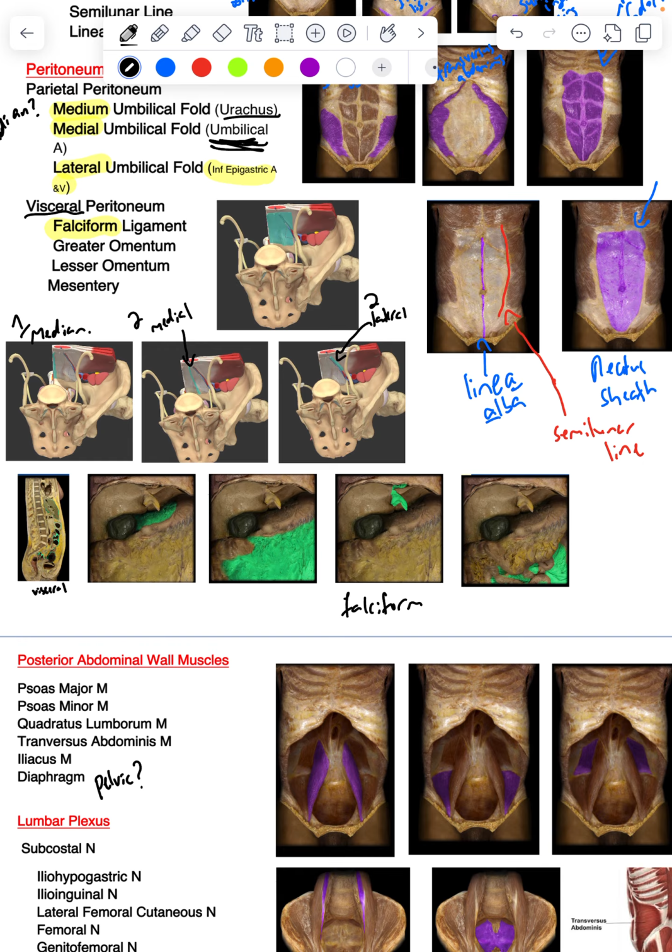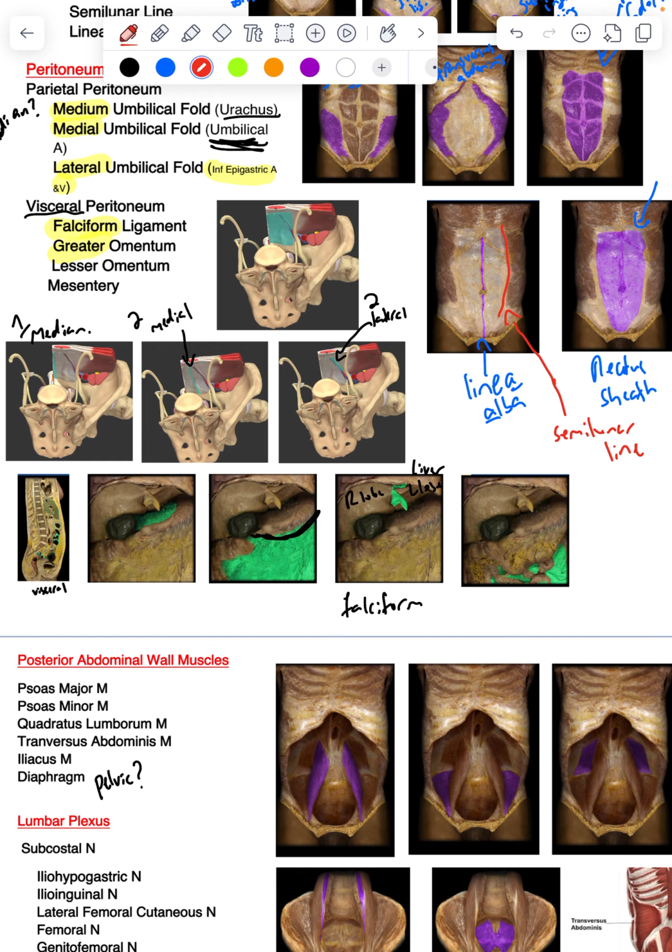This splits your liver, so this is a liver right here, into right lobe and left lobe. Your greater omentum will come off of your greater curvature of the stomach.